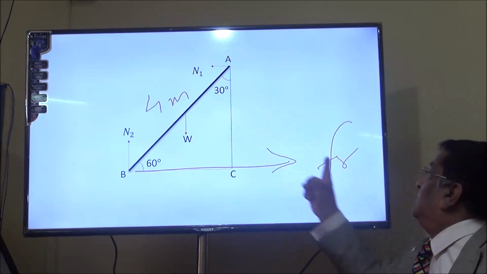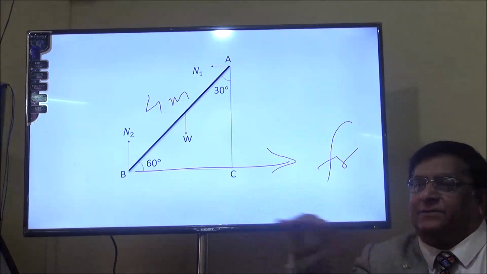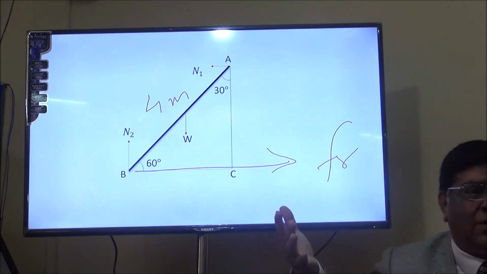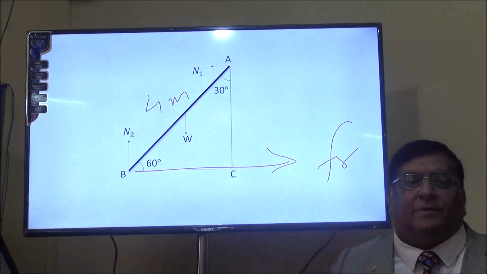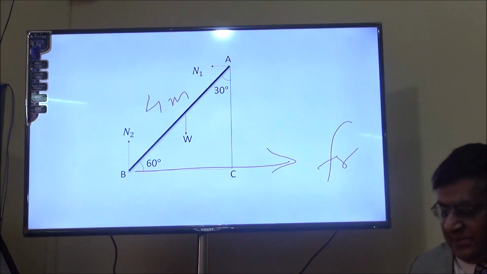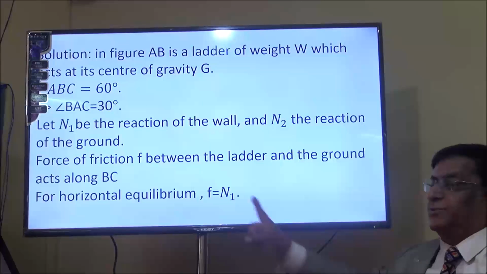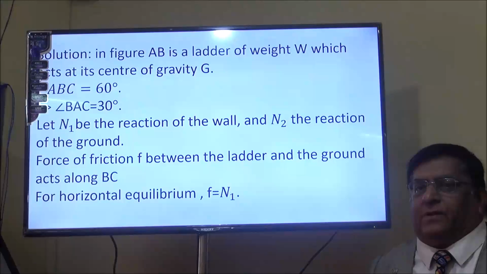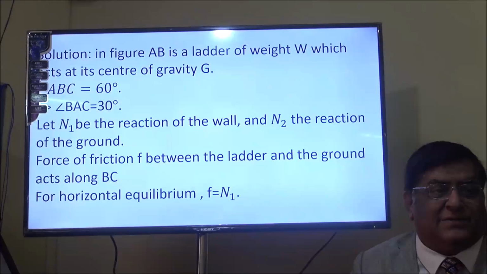N1 left. Right. Any other force? Left, right? No. So it is in equilibrium. This gives us what equation? Yes, friction is equal to N1. You got one equation, and we write it. Is that clear, to make a note of it?